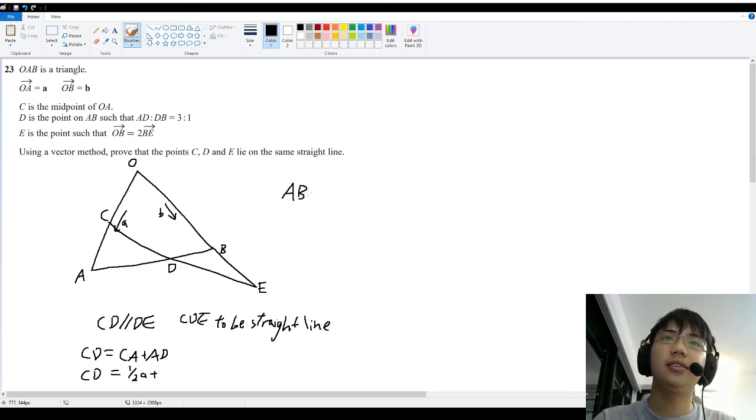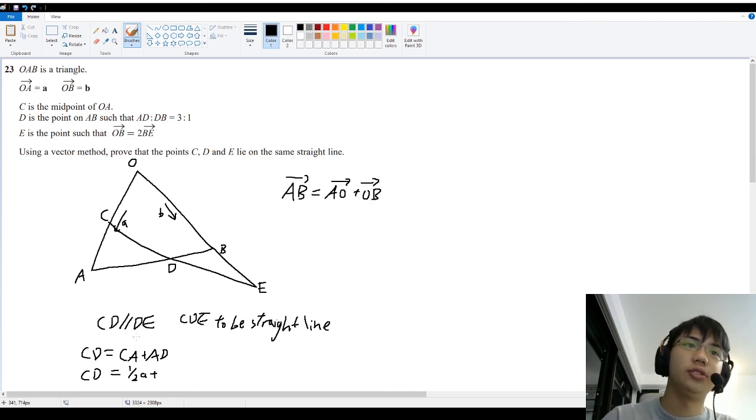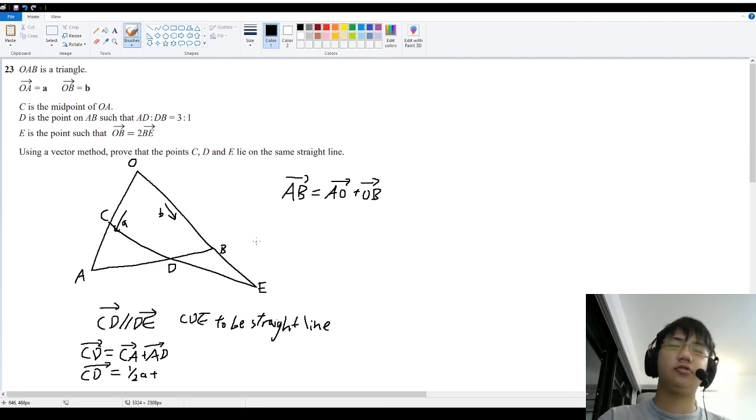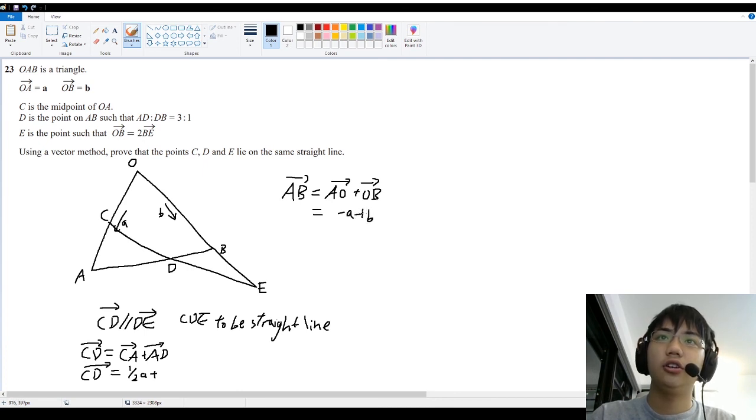So AB equals AO plus OB. Forgot to add the arrows to all of them, so I'll do it now. So CD, CA, AD. So AO plus OB, and AO is just OA reversed, so you have negative a plus b, which equals b minus a.